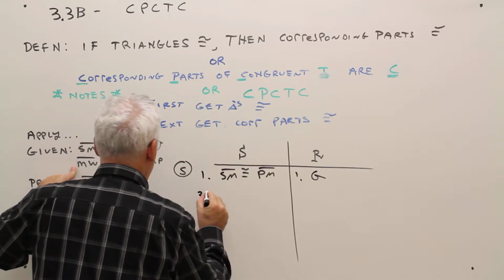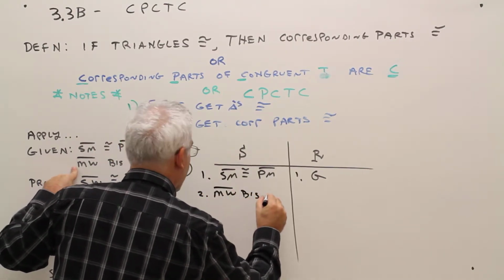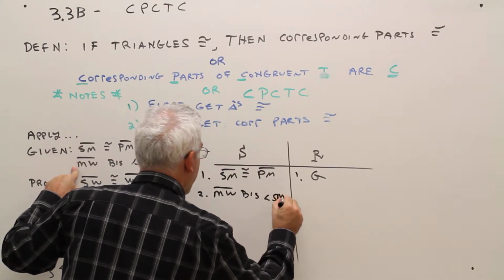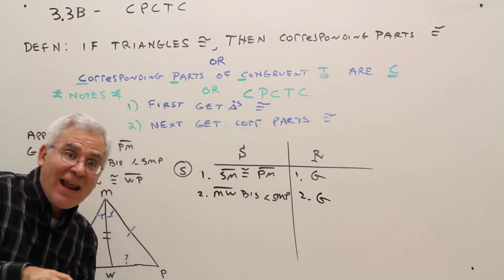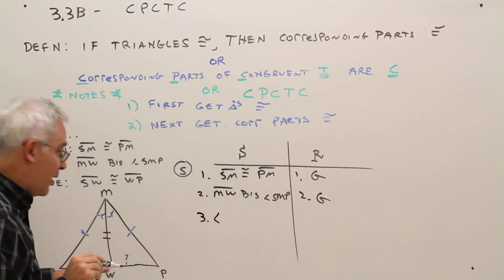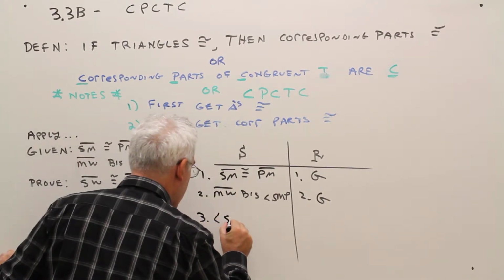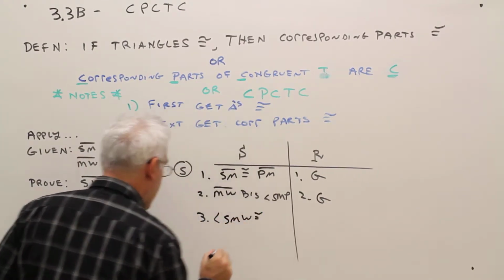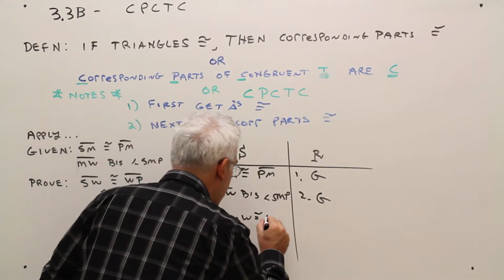So step 2, MW bisects angle SMP. That was given. From that, I can get the angles. 3, angle, have to use 3 letters, SMW, congruent to angle PMW.